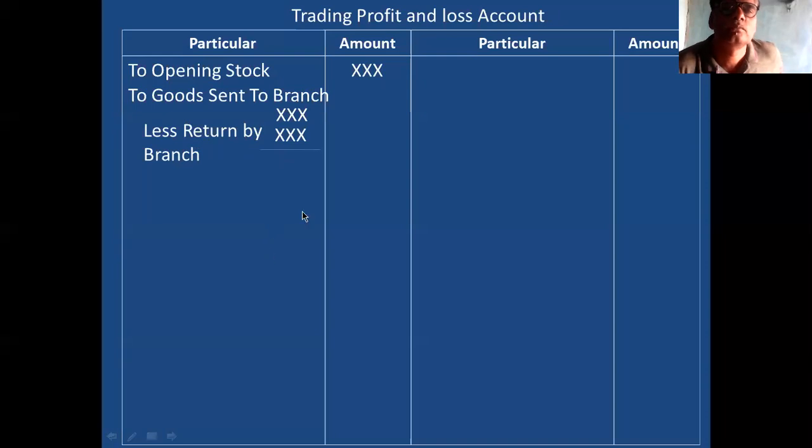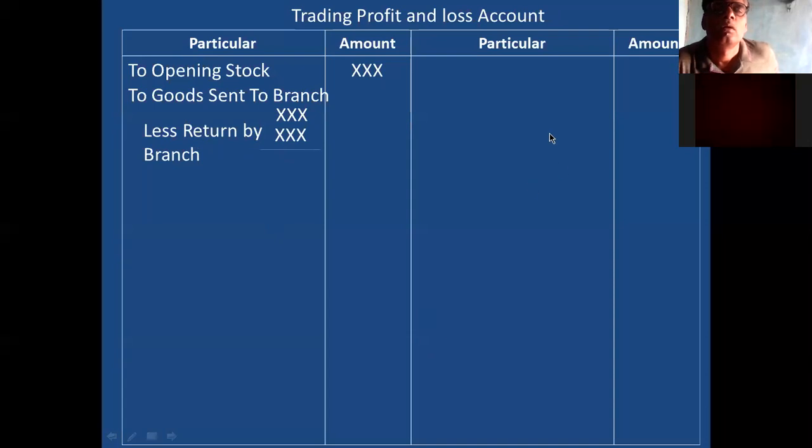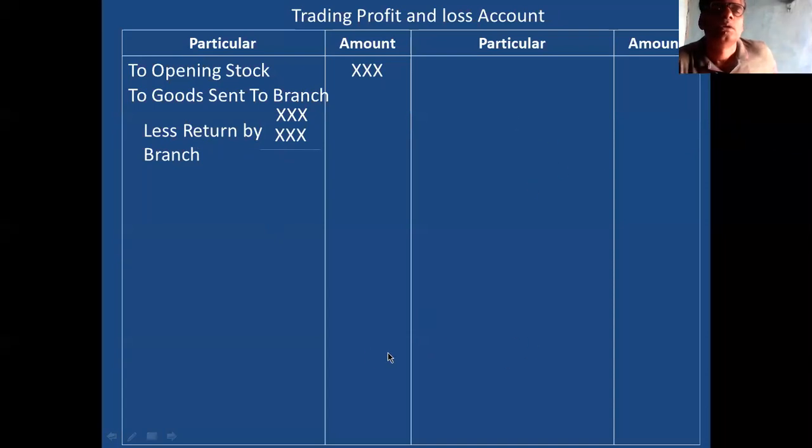Any doubt about this point? This is called as goods sent to branch, means head office sends the goods to branch.